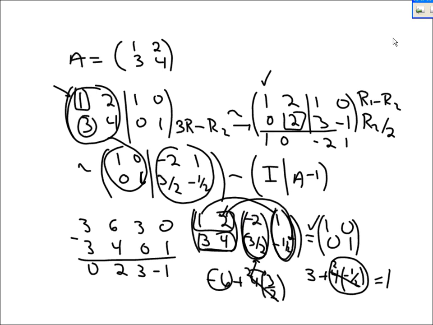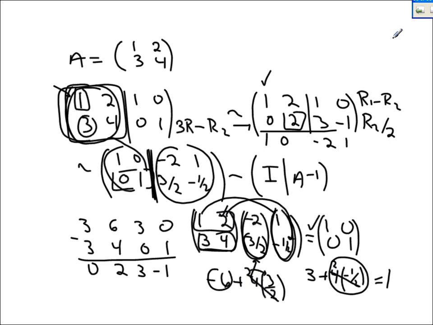If, on the other hand, you had a row of zeros for any row to the left of the line, then there's no inverse. The inverse of that original matrix, the matrix that you put over here, doesn't exist.